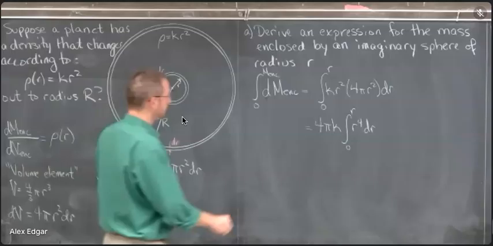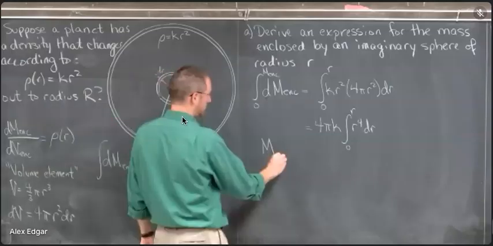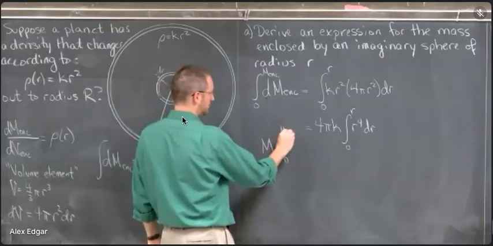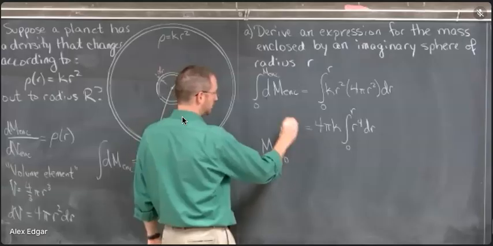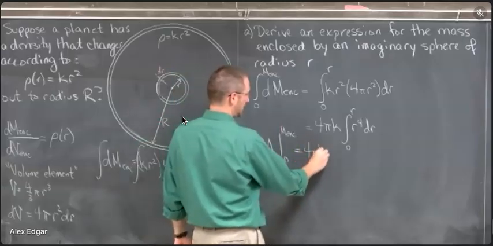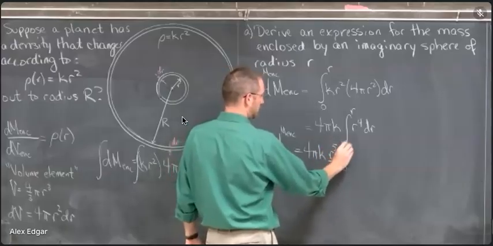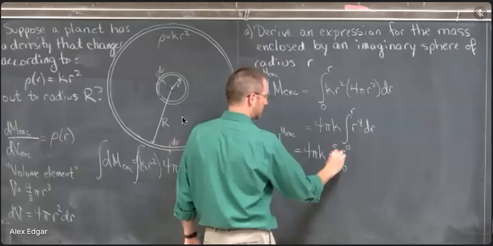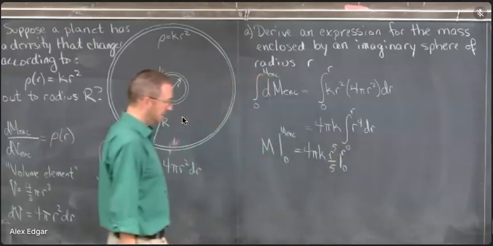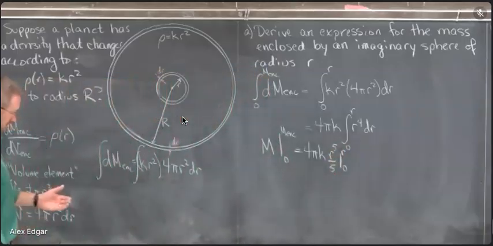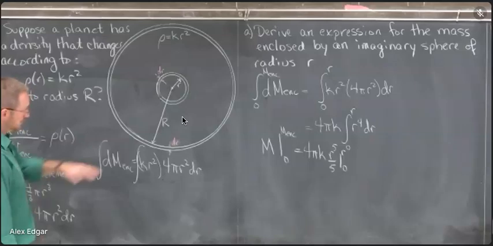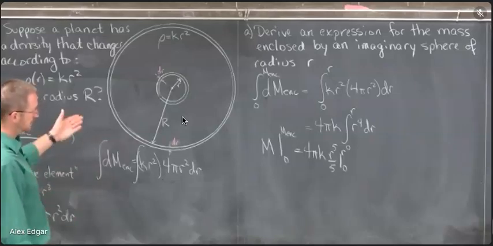And on this side, we're going to get mass from 0 to mass enclosed. And over here, we're going to get 4 pi k r to the 5th over 5. And we're going to evaluate it from 0 to r.